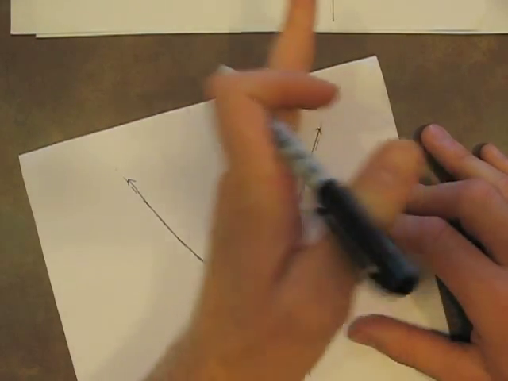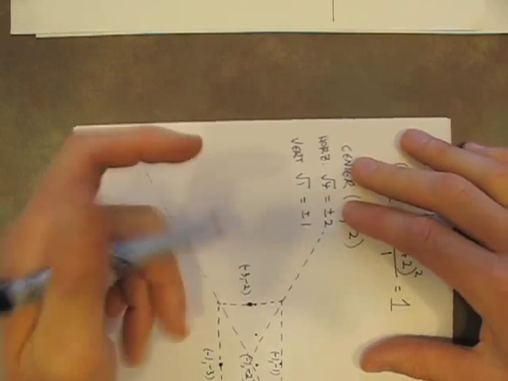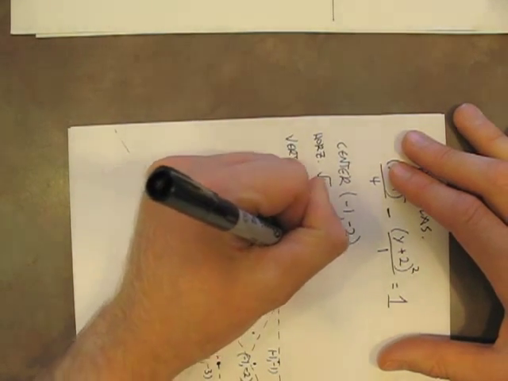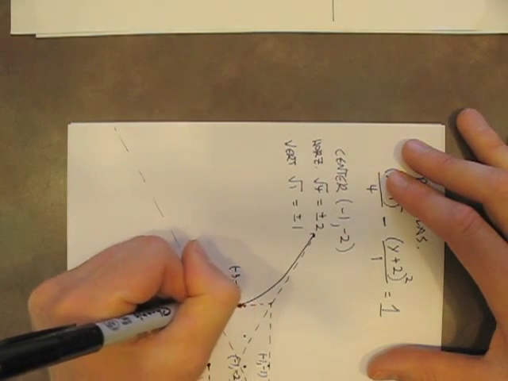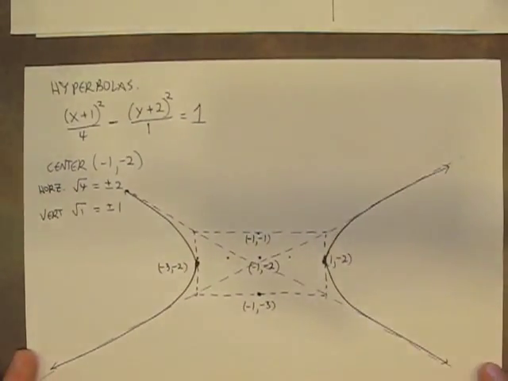You want to get closer and closer to the asymptote. Don't just swing right onto it and then follow it. It's going to get there pretty quickly, and then it's basically going to follow the asymptote. Okay, so there's my hyperbola.